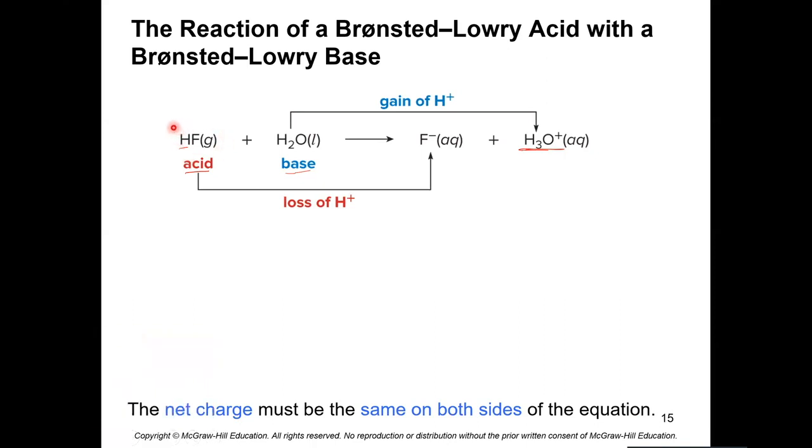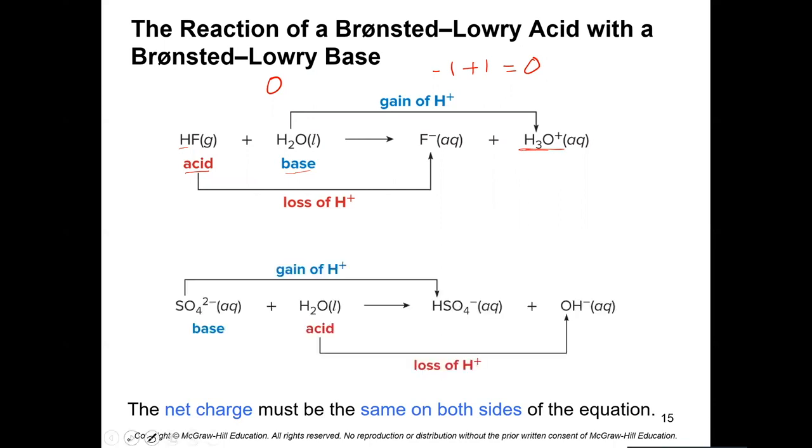HF has a neutral charge, H2O is also neutral, so the entire left-hand side has a charge of 0. On my right-hand side, I have F-, which is a -1 charge, and then I have H3O+, which is a +1 charge. These two, -1 + 1, equal 0. This is what we mean by the net charge on a chemical equation must be the same on both sides. If it's 0 on the left-hand side, it must be 0 on the right-hand side.